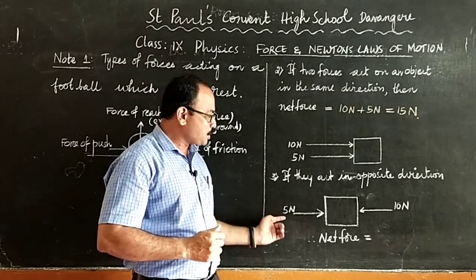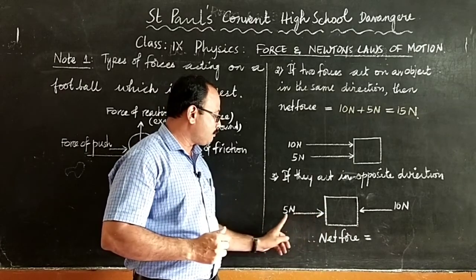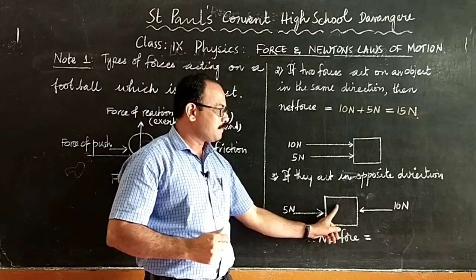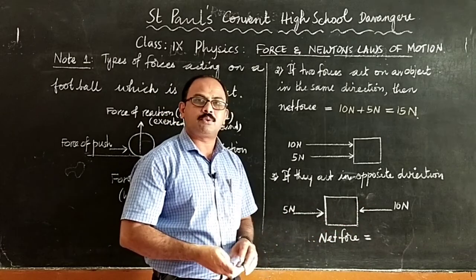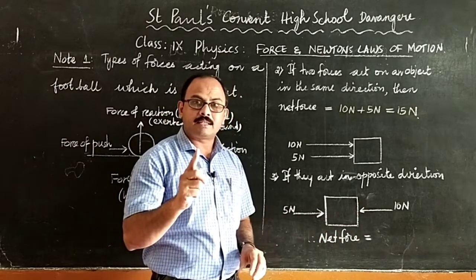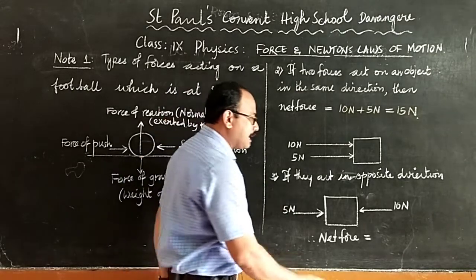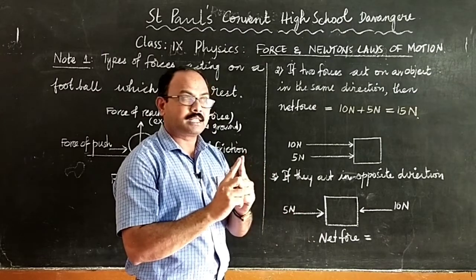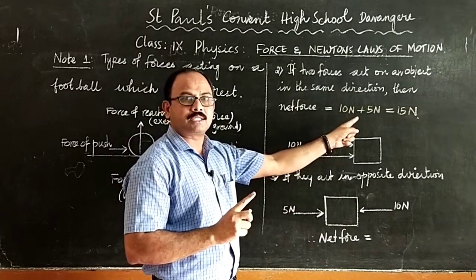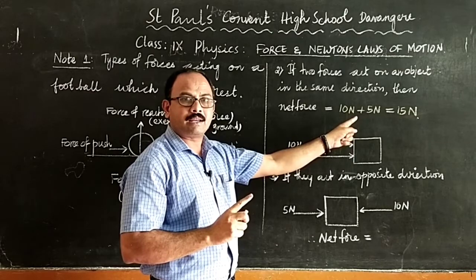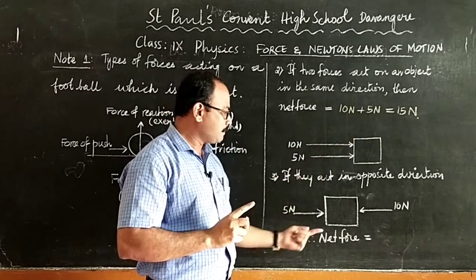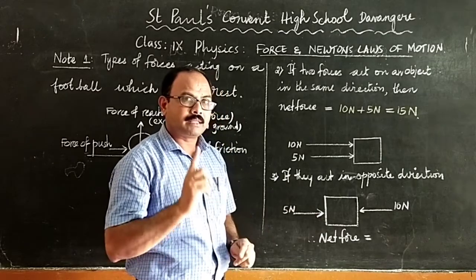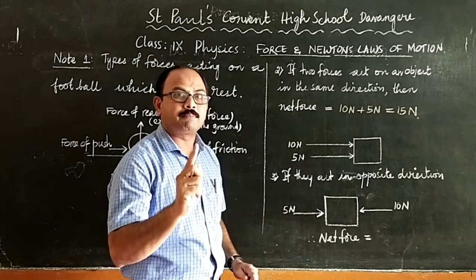Person A pushes this table with 5 Newton of force. Person B pushes this table in the opposite direction with 10 Newton of force. In this case, the net force is calculated as the difference between the forces. In the earlier case it was the sum of the forces, because they were acting in the same direction, children. Now two forces are acting opposite each other. Therefore, the net force is the difference between the two.